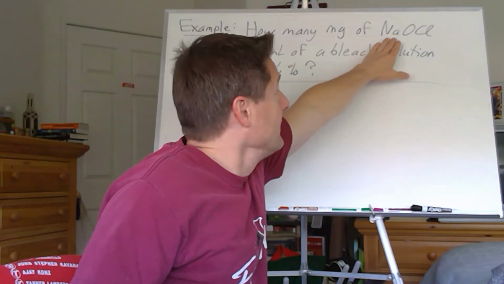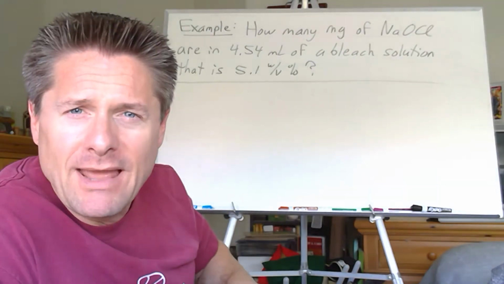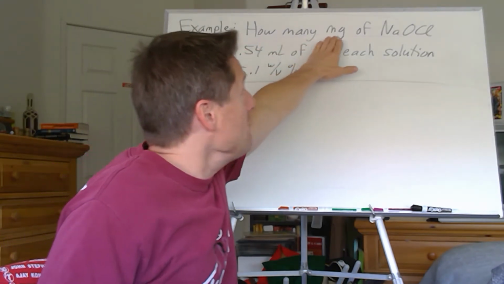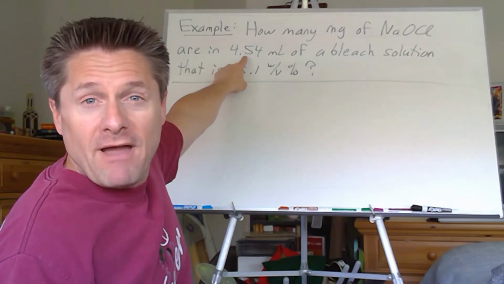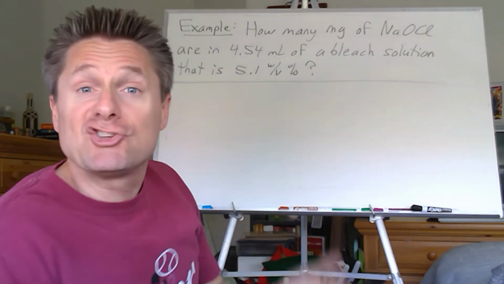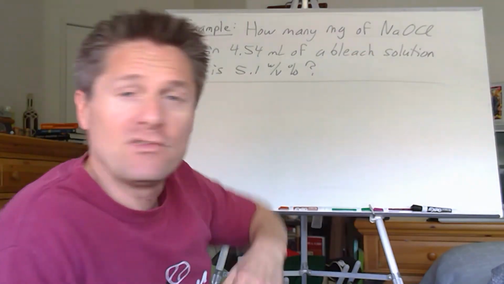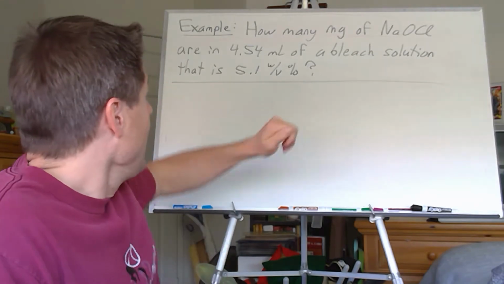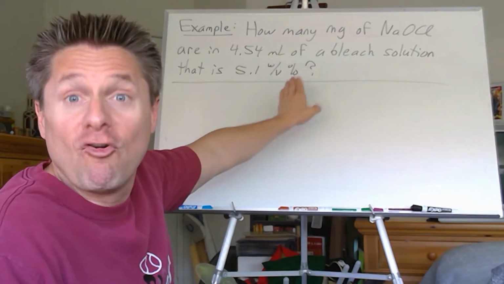So we've got some sodium hypochlorite, I think that's a common active ingredient in some bleaches. We want how many milligrams of that active ingredient is in 4.54 milliliters of a bleach solution. Bleach is the whole, that's your solution, and the NaOCl, the sodium hypochlorite, is the part, the solute. And the concentration of that bleach solution is 5.1 weight volume percent.